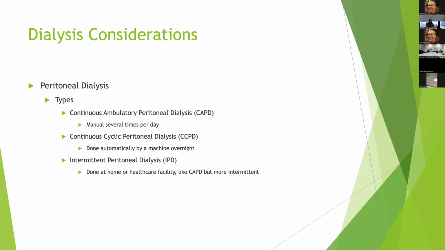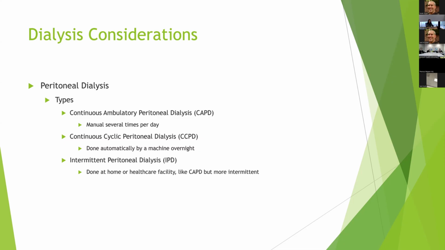All right, so if access isn't enough to consider, we have options for how we are going to dialyze. Peritoneal dialysis, there are actually several types of peritoneal dialysis. So continuous ambulatory peritoneal dialysis is manual and done several times a day.